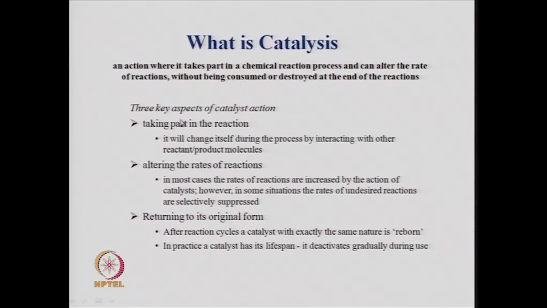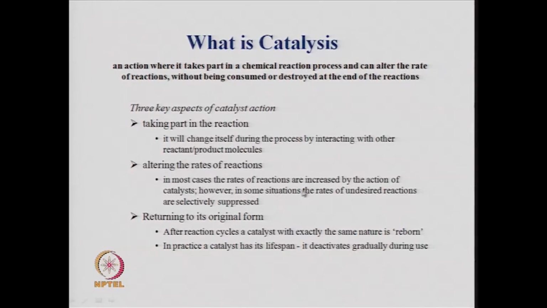There are three key aspects of the action of a catalyst. While it takes part in the reaction, it will change itself during the process by interacting with other reactant product molecules, and then it will be regenerated at the end of the reaction. It alters the rates of the reaction.